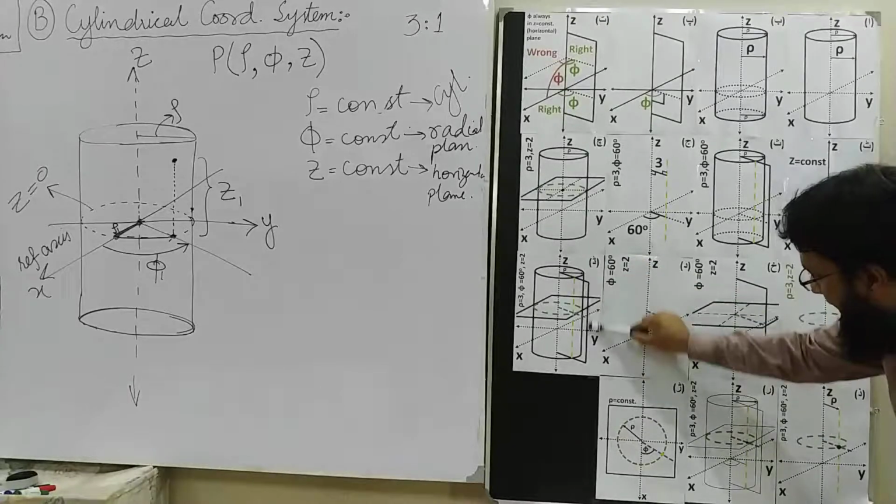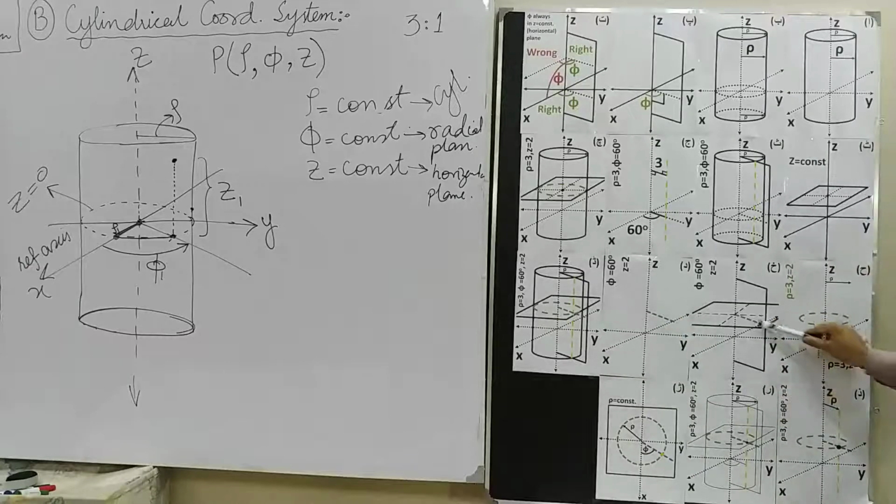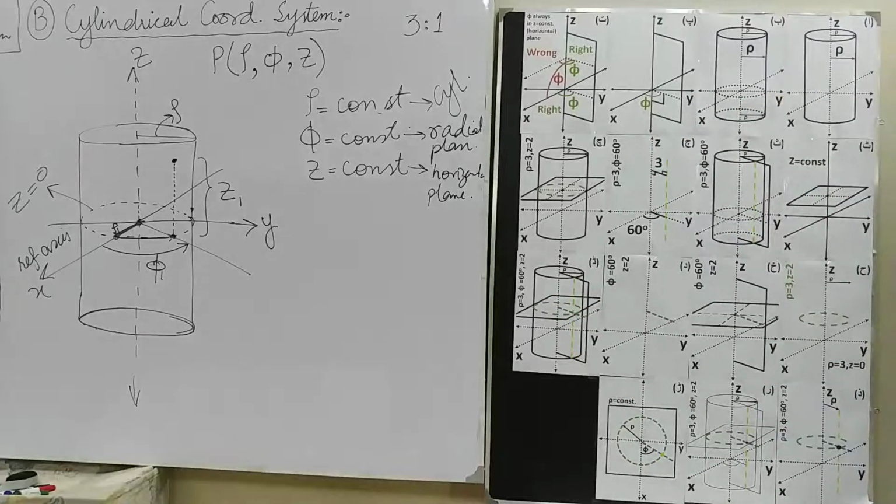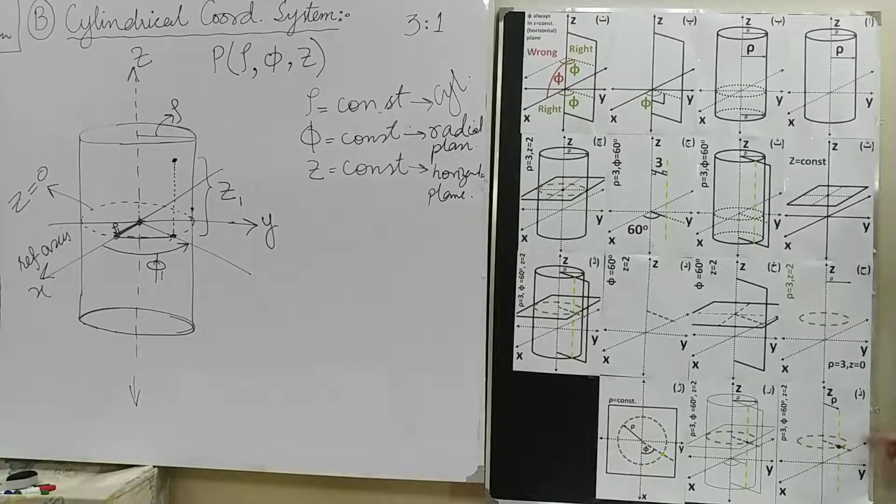At the intersection of this radial plane and the horizontal plane, we have got this blue line. Now, removing all three fundamental surfaces, what we have got are two-dimensional entities: a vertical line, a horizontal line, and a circle.